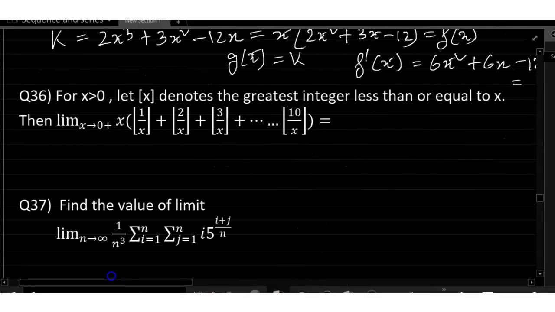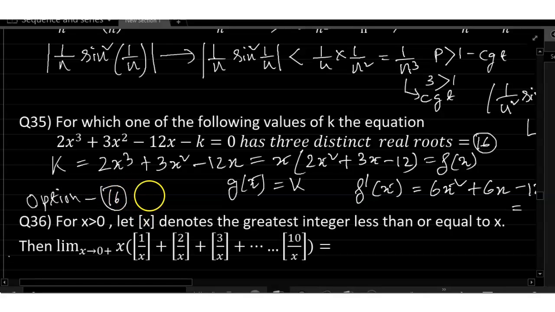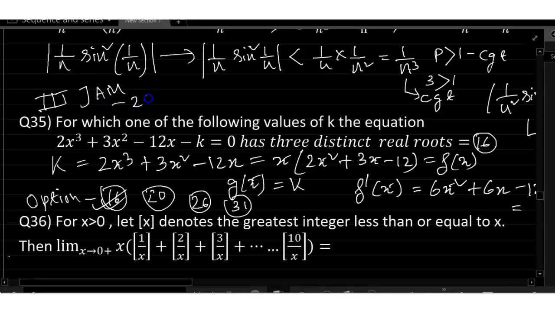So the possible value of k is 16. Here the options are 16, 20, 26 and 31; 20 is above the maximum. This is the IIT JAM question. So this question is correct. The problem is IIT JAM 2020.